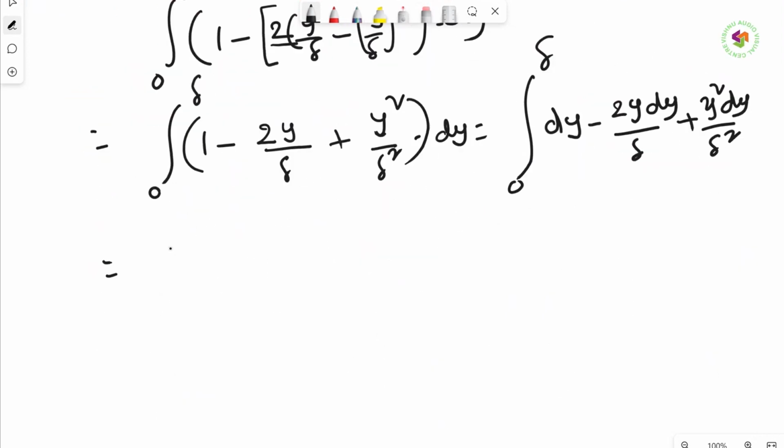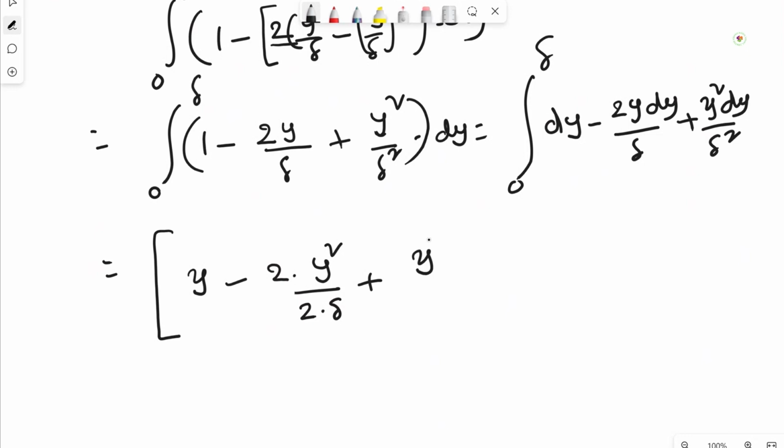It is equal to y minus, 2y dy means 2 into y square by 2 into delta, plus y cubed by 3 delta square, from 0 to delta.